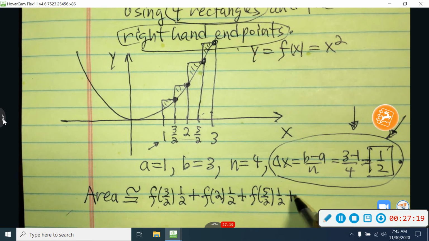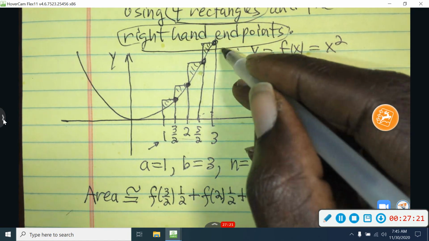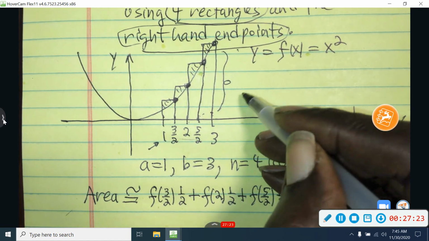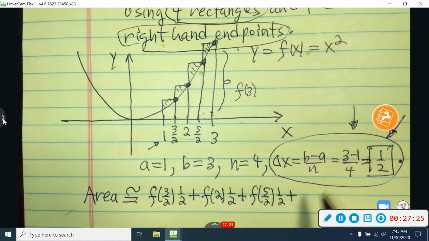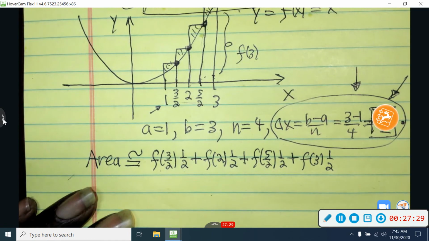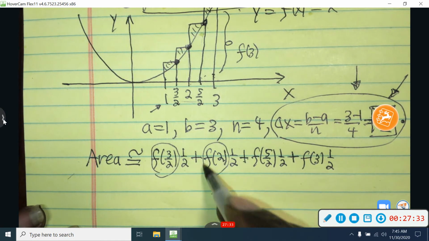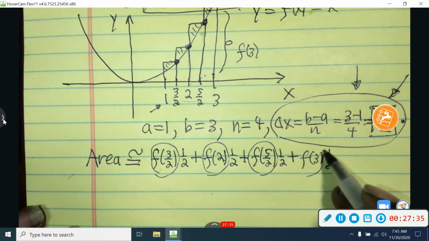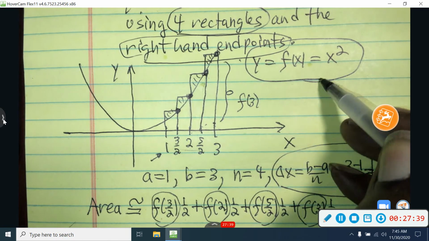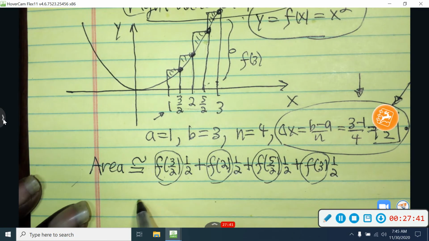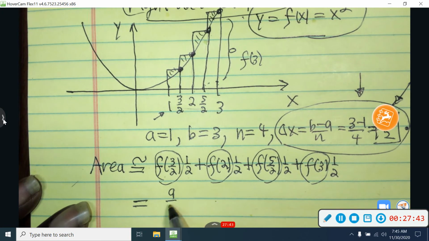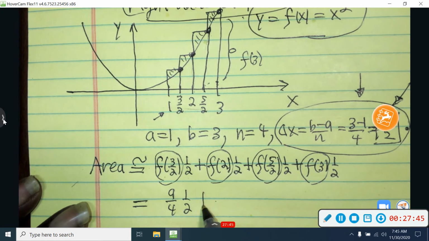And the final box is f of 3 tall, so f of 3 times 1 half. Compute these. You know what f is: f is x squared, the function we're looking at. So square them. Here you get 9/4 times a half plus 4 times a half.